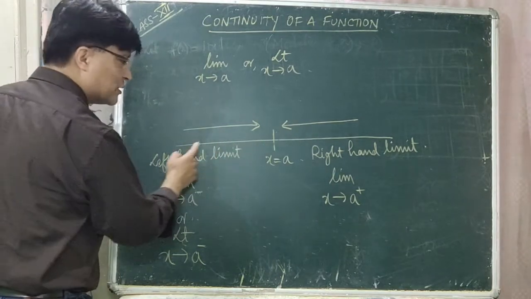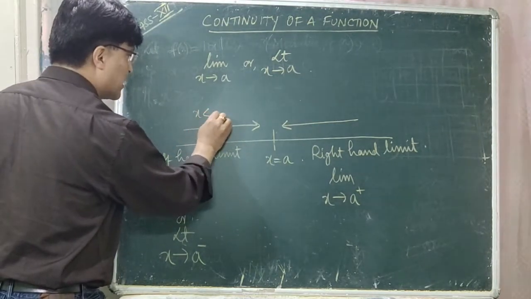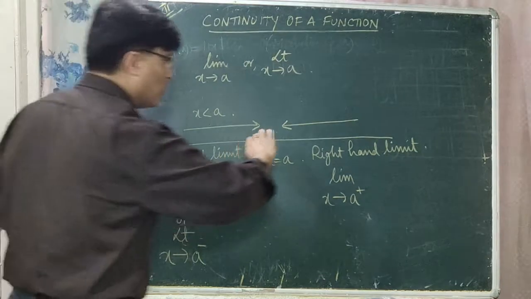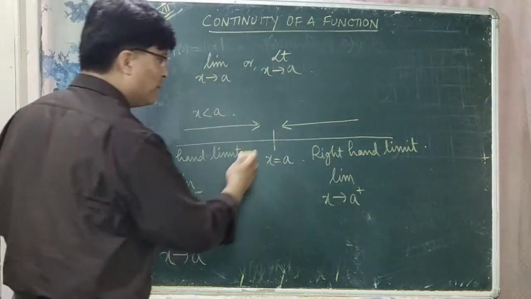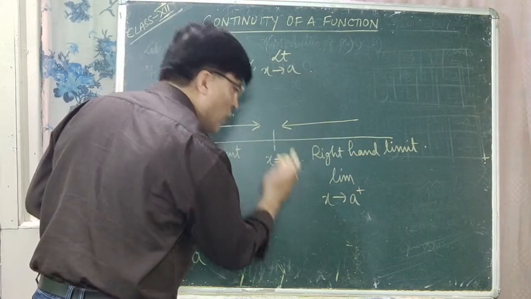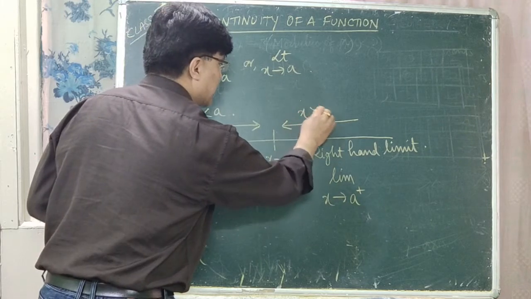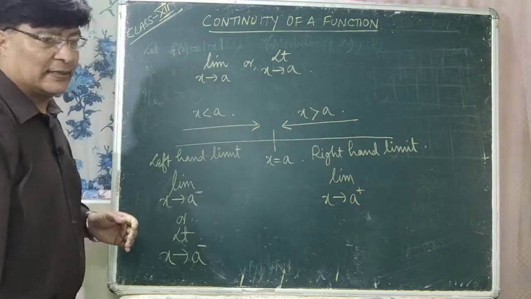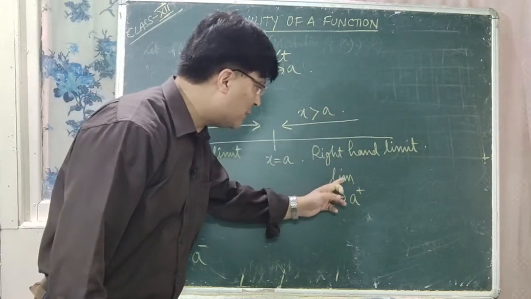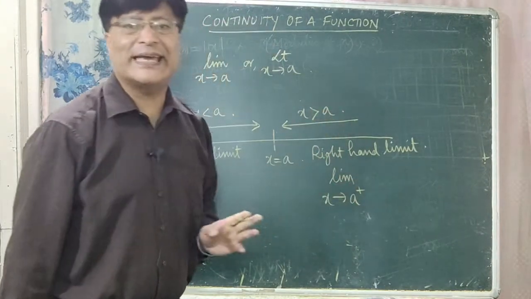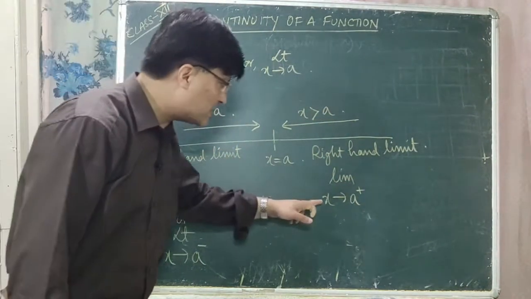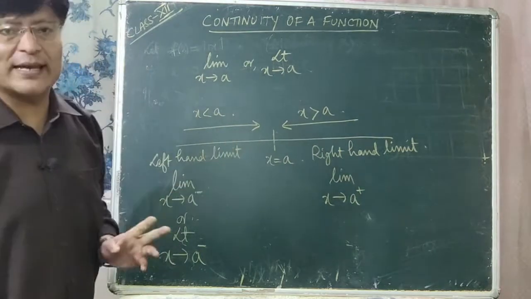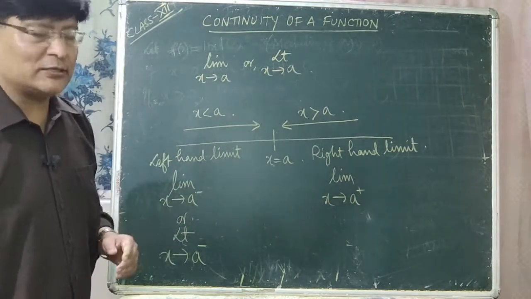On the left hand side of x is equal to a, all the values of x are less than a. On the right hand side of x is equal to a, all the values of x are greater than a. So limit x tends to a plus indicates that x is approaching a from the right hand side only.